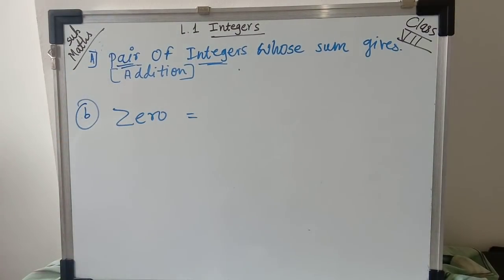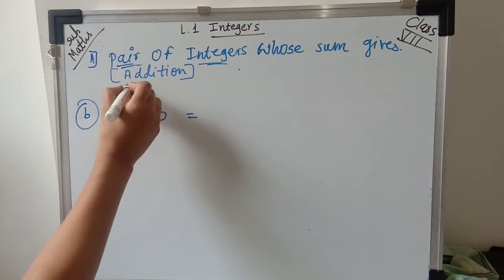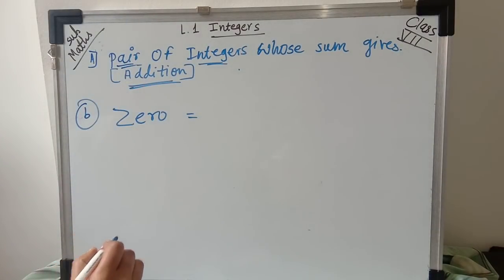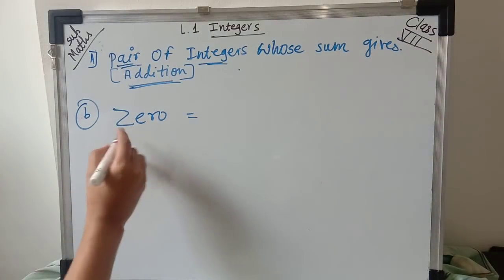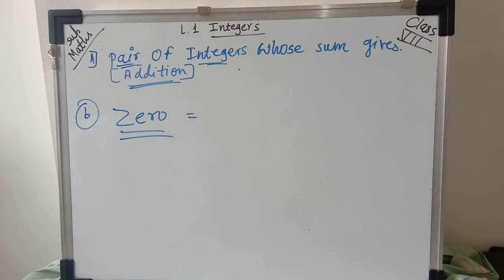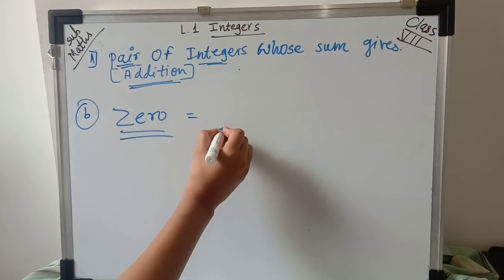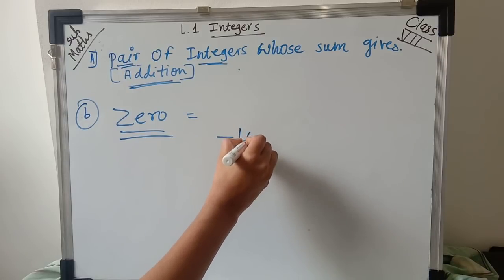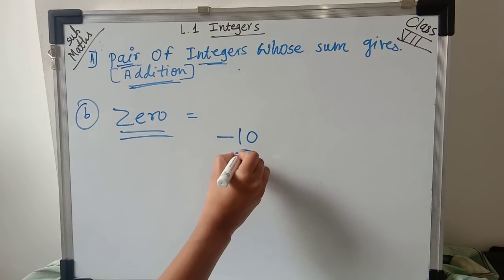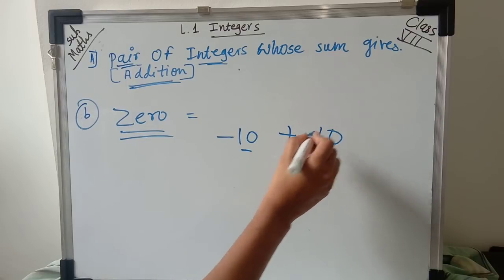Now students, here we are seeing the pairs of integers when we are doing the addition. So here we have to find out the pairs of integers whose sums gives the 0. Now here you have to remember, for example, if I'll take here minus 10 and plus 10.